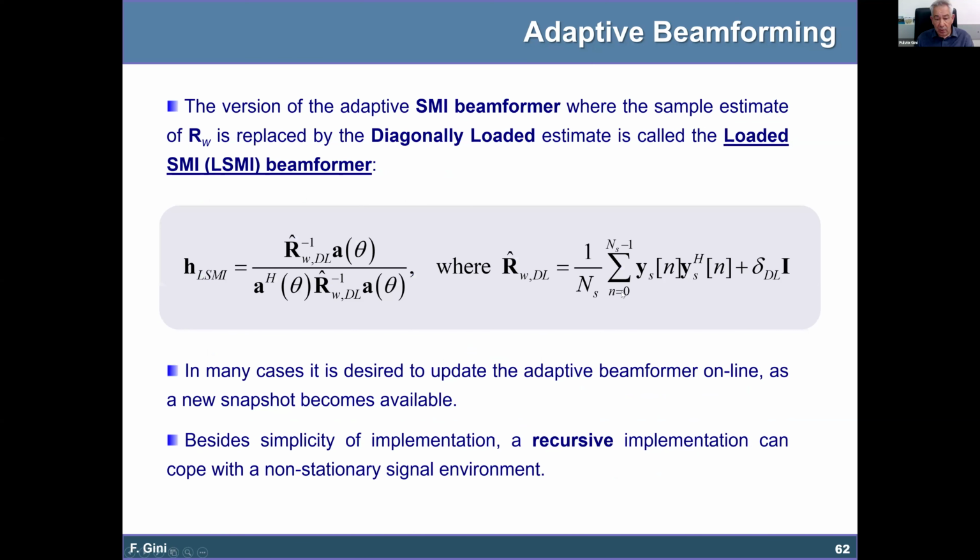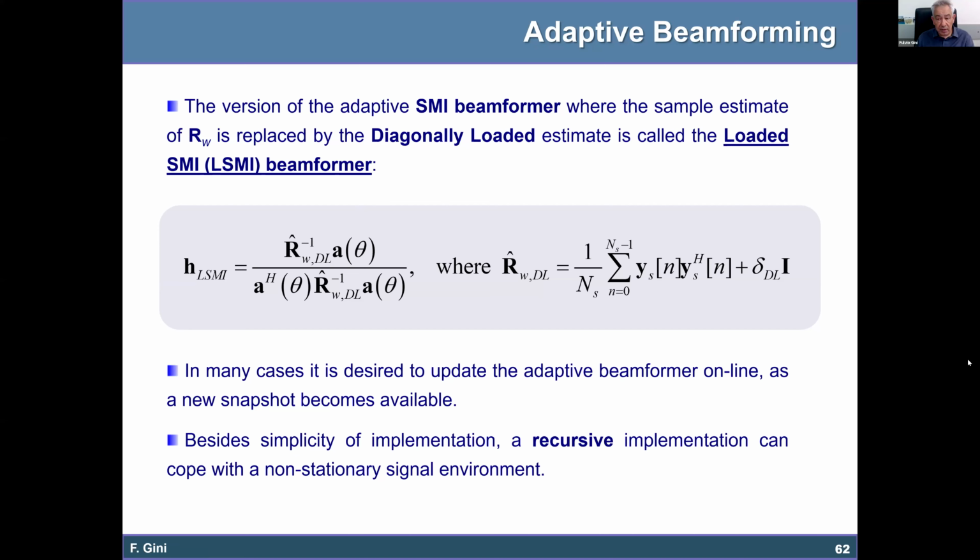So the idea is the following. We calculate the sample covariance matrix. We adopt the diagonal loading, and we implement either the sample matrix inversion or the Capon beamformer with diagonal loading.